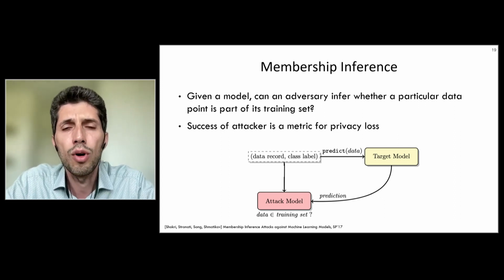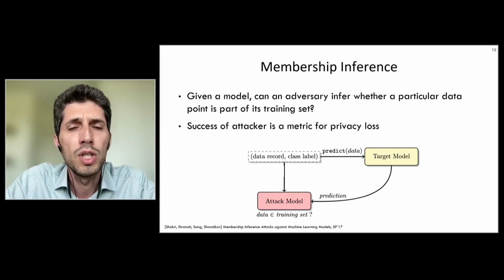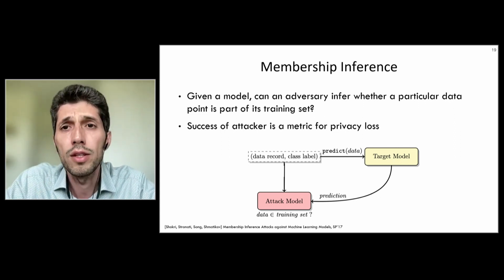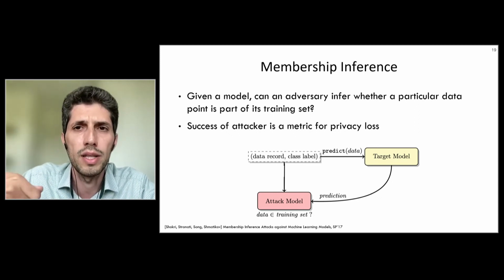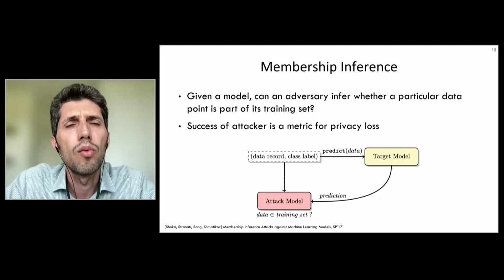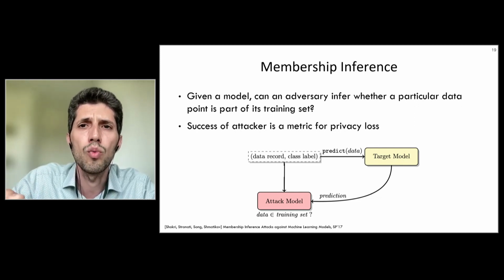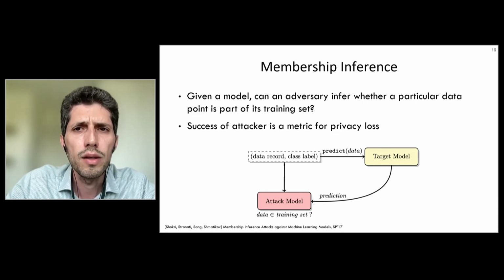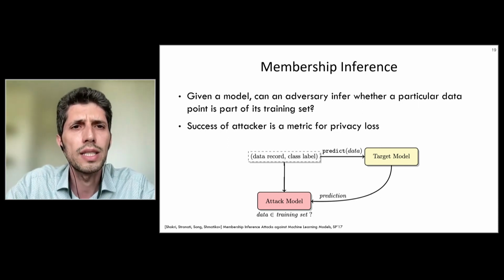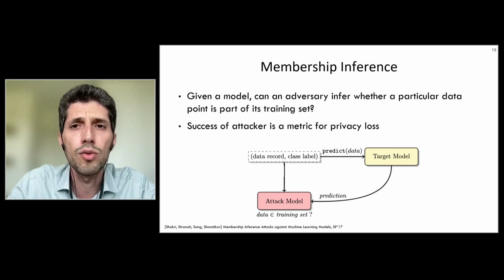Membership inference is a problem where, given a model trained on some data set and a particular data point, like that additional one we talked about, we try to detect whether that data point was a member of the training set of the model or not. And now we want to measure to what extent accurately we can perform this task.